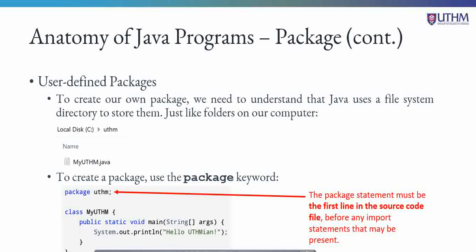But on my side, as a developer, as a programmer, in my code, I need to define the package of my program. So this program, my UTHM, I put in a folder, or I put in a package name UTHM.